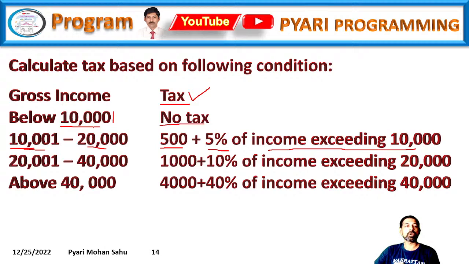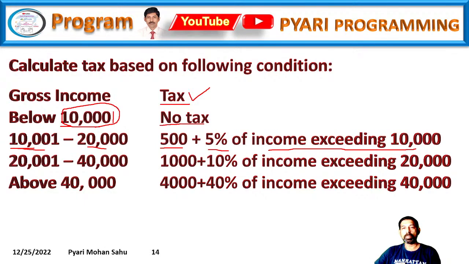So 10,000 is not considered over here. Am I clear? It says below 10,000, so 10,000 will not be considered here, that's why here it will be less than 10,000, and here 10,001 to 20,000 will come.